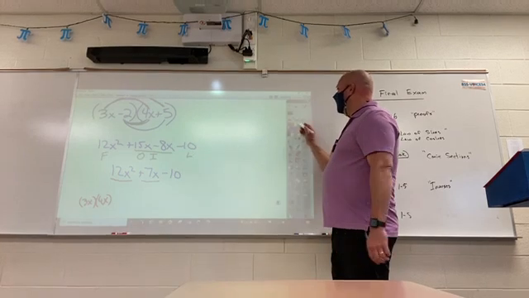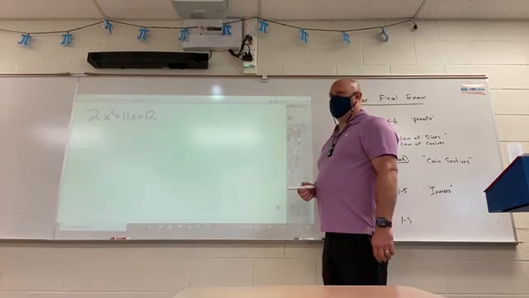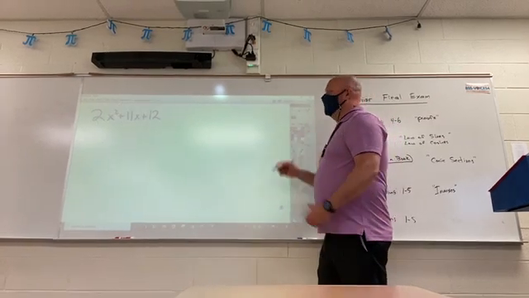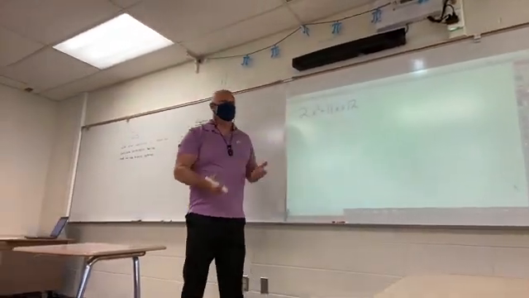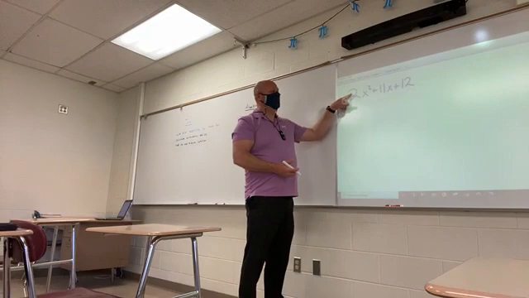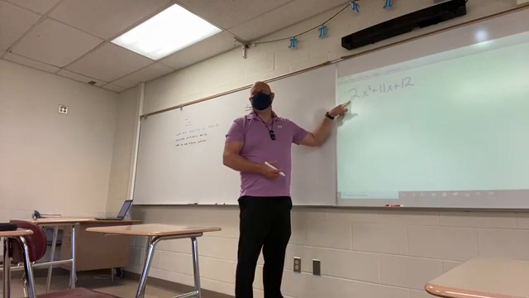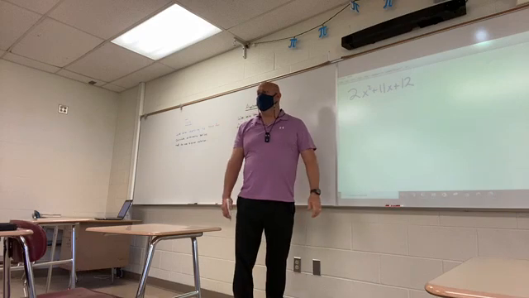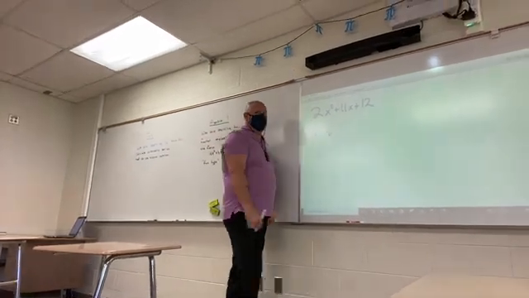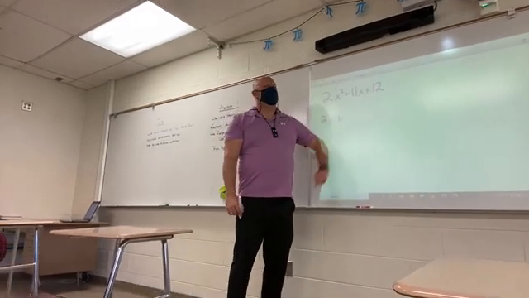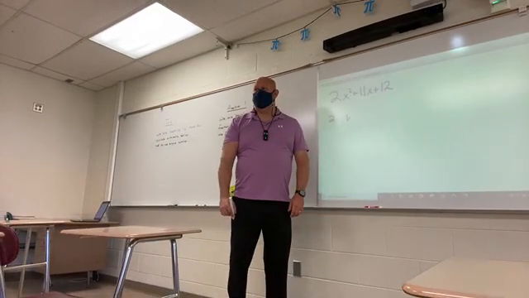Now, here's how we're actually going to solve this. When you do these, there's no other really good way than simply just to list all these ways. What you're going to do is list all the different ways to get to a 2. How do you multiply together to get a 2? 2 times 1. Okay? How do you multiply together to get a 12?